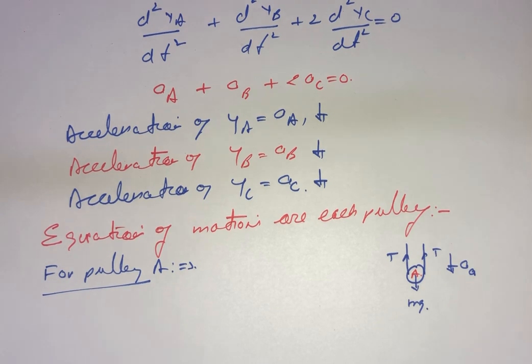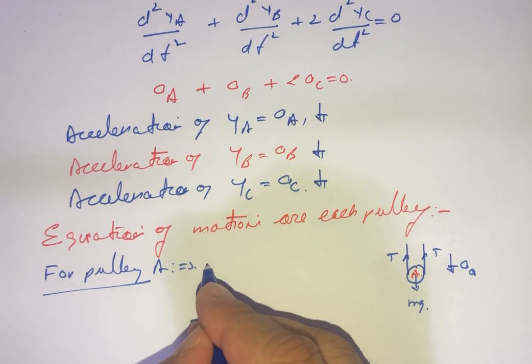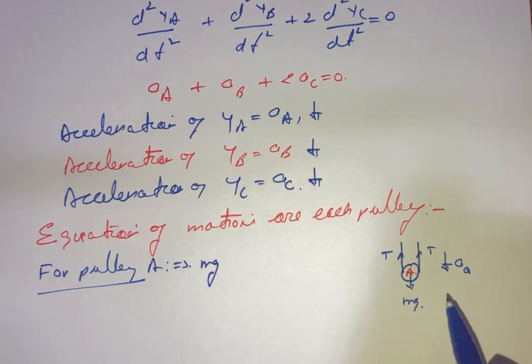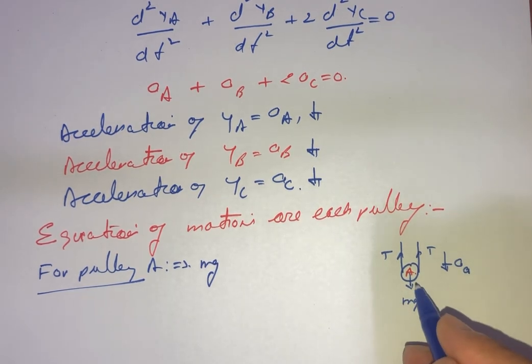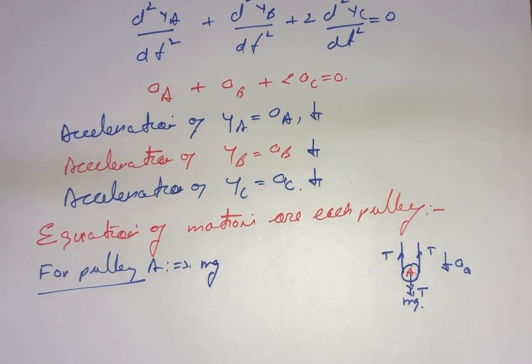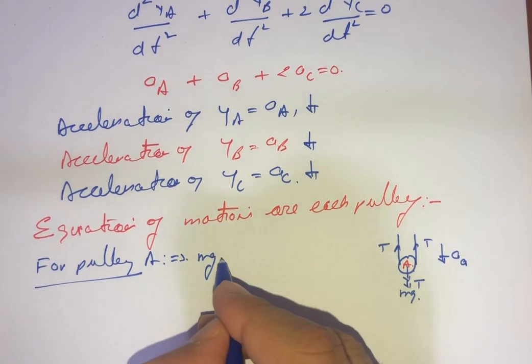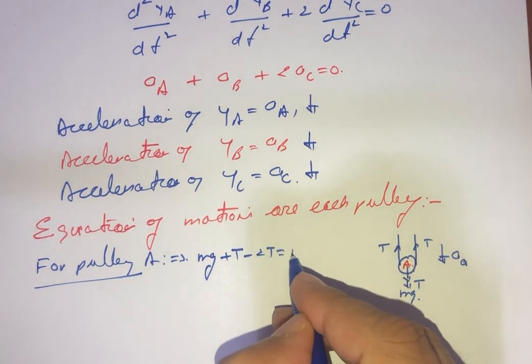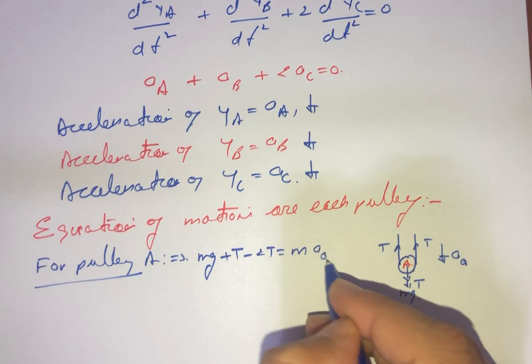So we can write the equation as mg, and we also have a tension T in the downward direction. So we can write mg plus T minus 2T is equal to m AA.